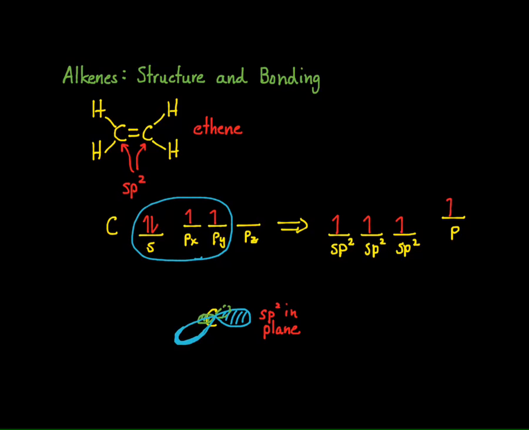And so if we draw that, it's a wedge for this particular sp2 hybridized orbital. So it's coming out, it's in front of us, and then we can draw a dash that is an sp2 hybridized orbital going behind us.